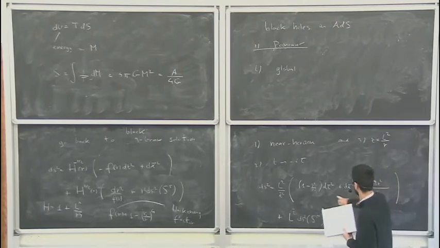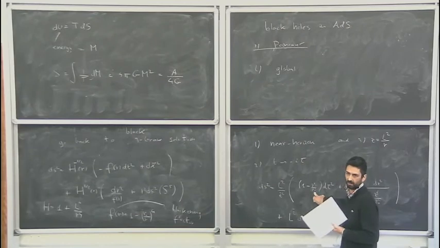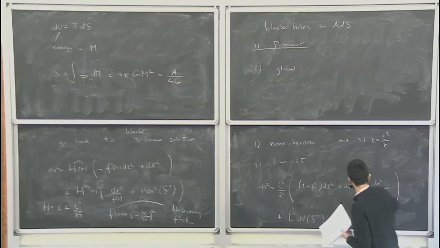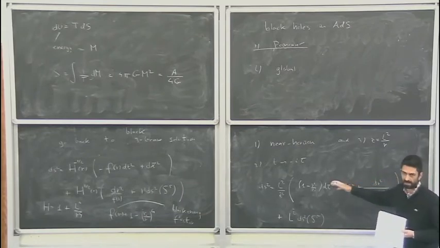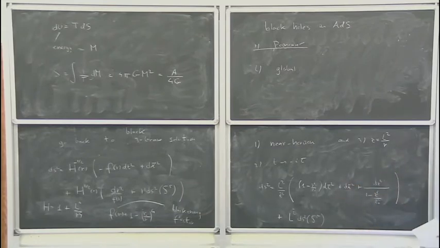In this case z will go to some finite value, and when z hits this value, this factor goes to 0, this goes to infinity, and you have to make this analysis as I did for the Schwarzschild black hole.